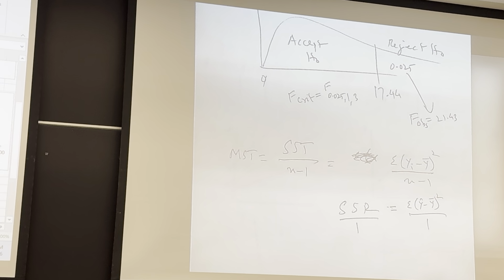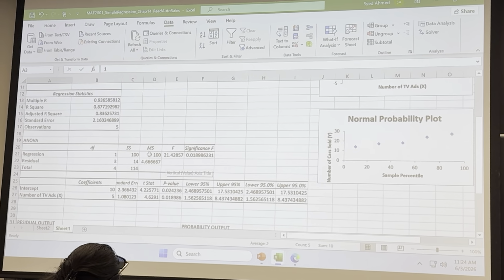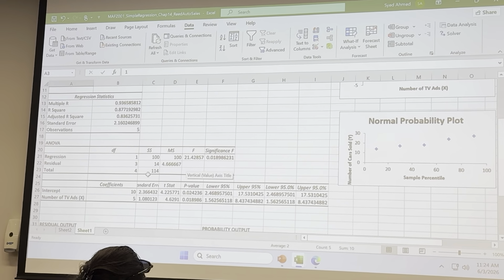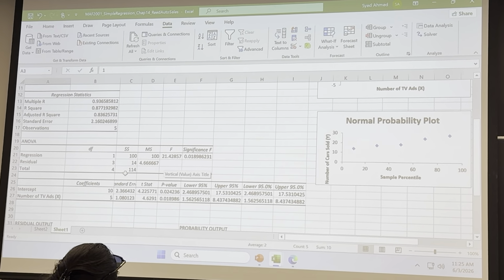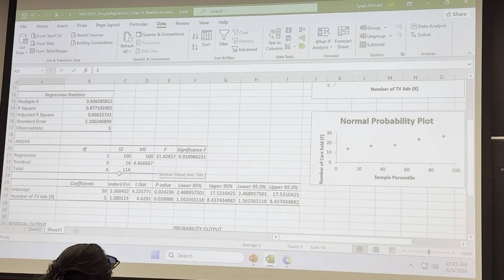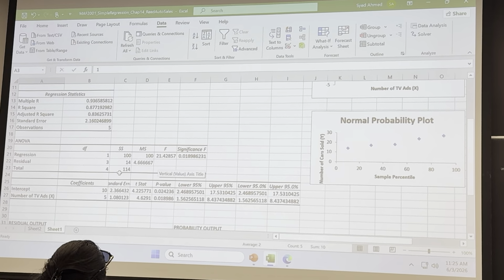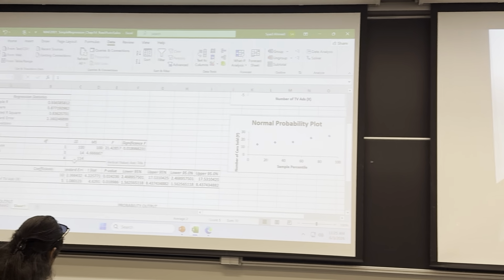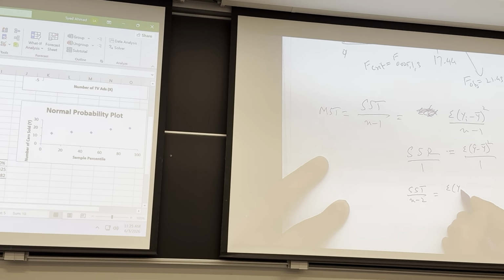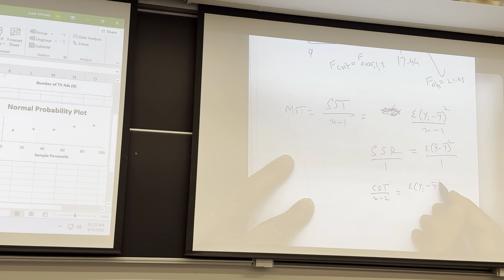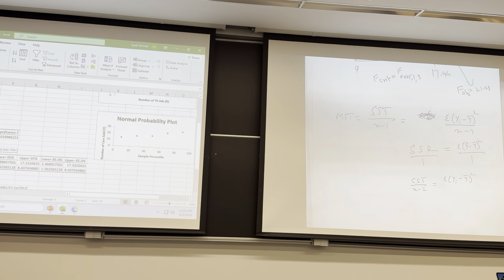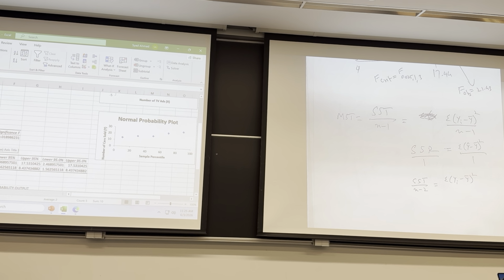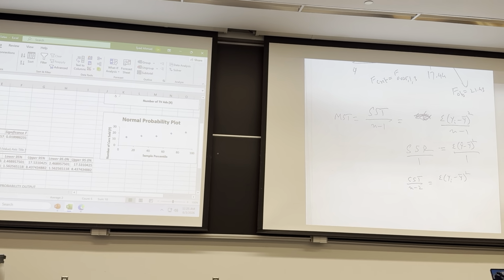Okay. Now over here is this SST. SST is summation yi minus y bar squared. Is this a variance? It is just the numerator in the variance formula.